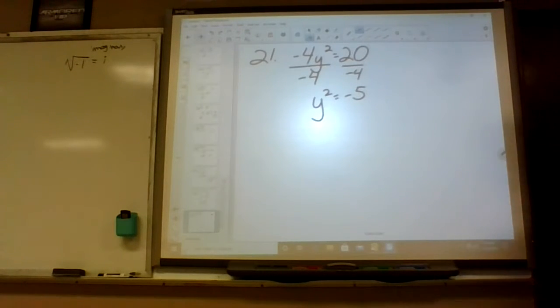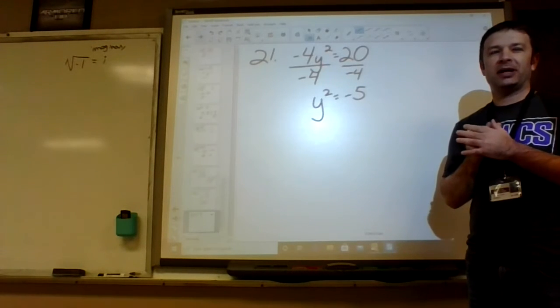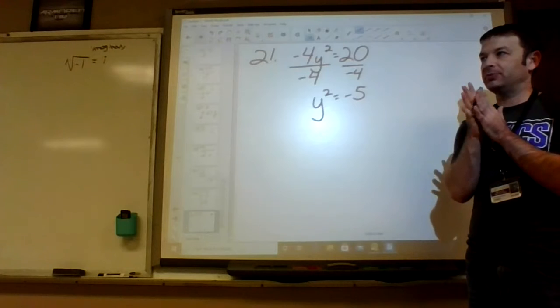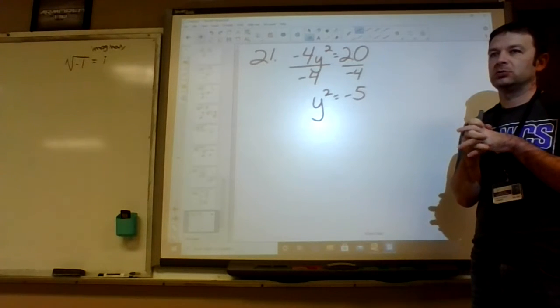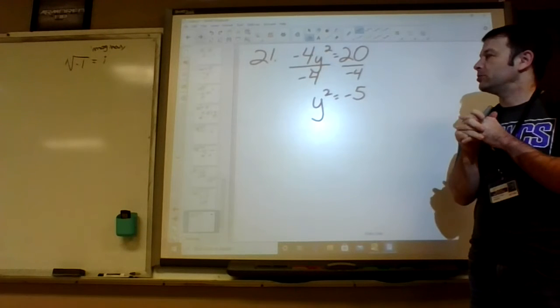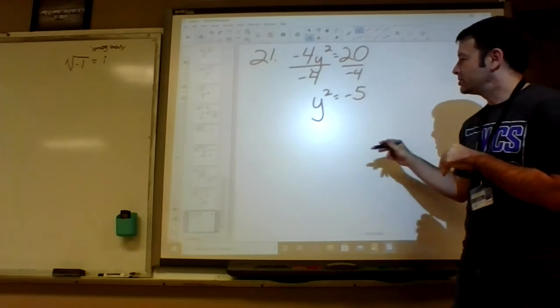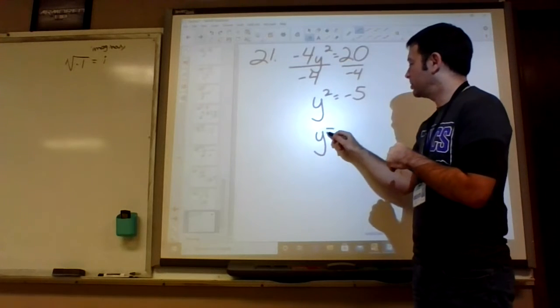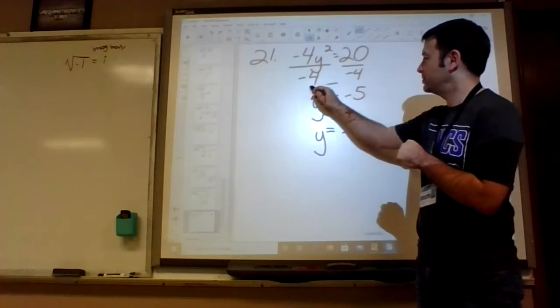What do you think, Holly? After you get y squared equals something, what did we do on the last few problems? We saw what the square root of 5 was, right? And remember, it can always be positive or negative when you do the square root trick.